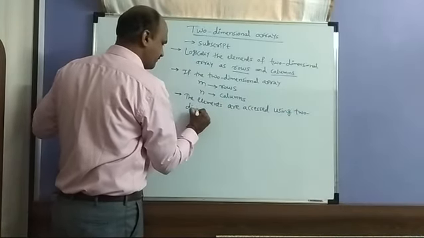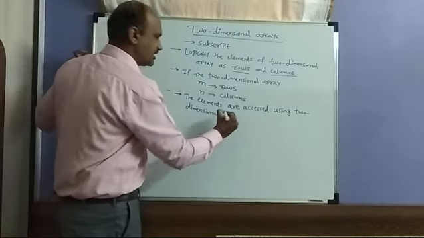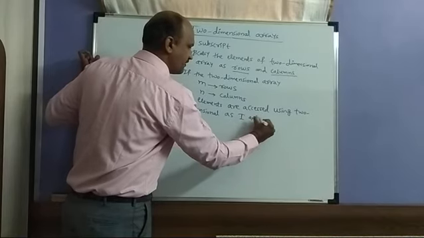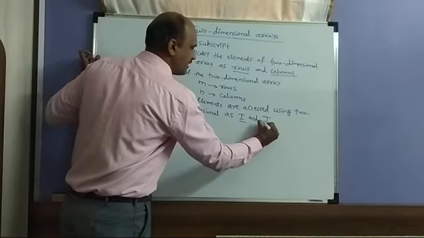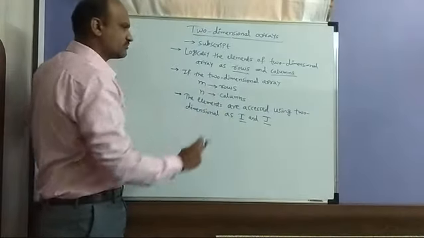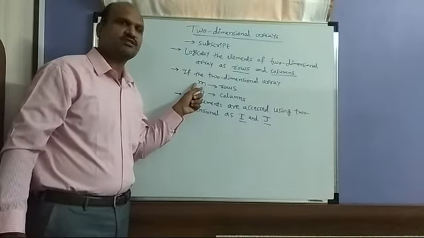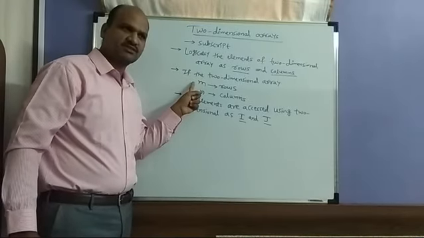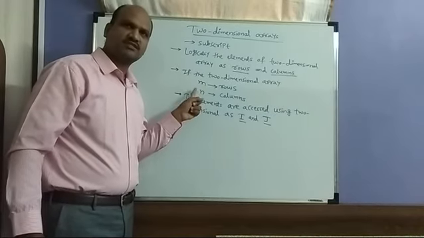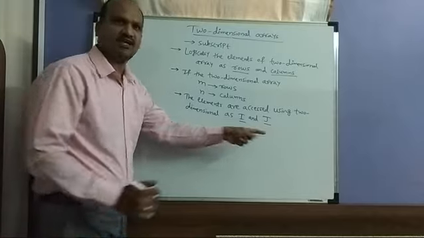The elements are accessed using i and j. So m rows, n columns. If you want to access the rows, you go for i, and if you want to access the n columns, you go for j. So it represents the elements.